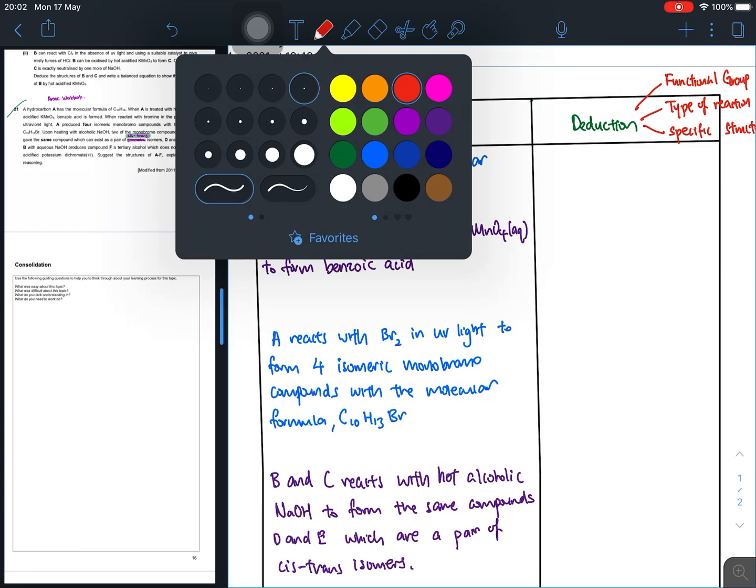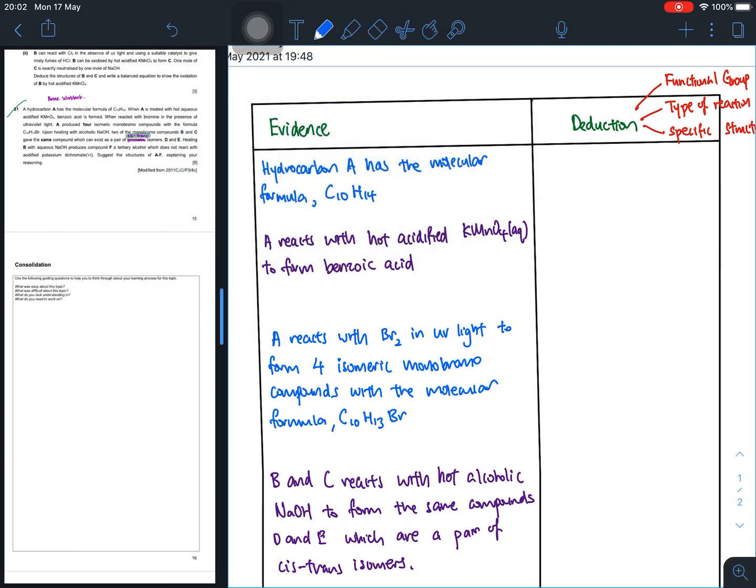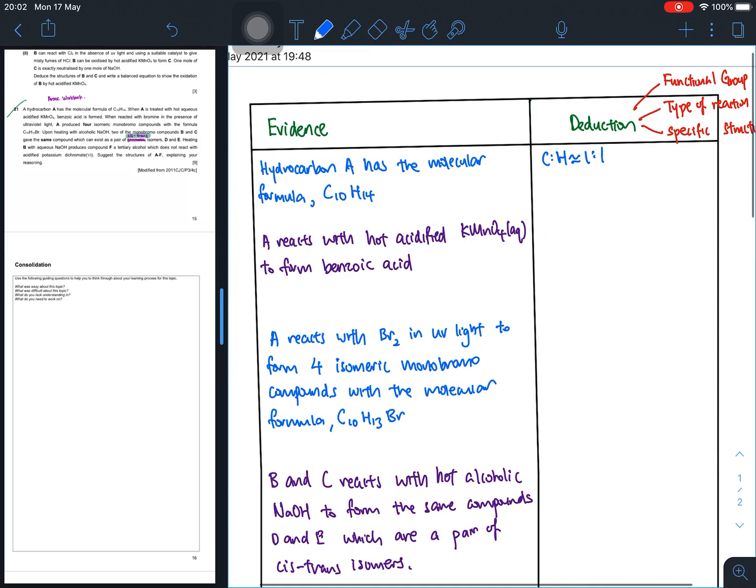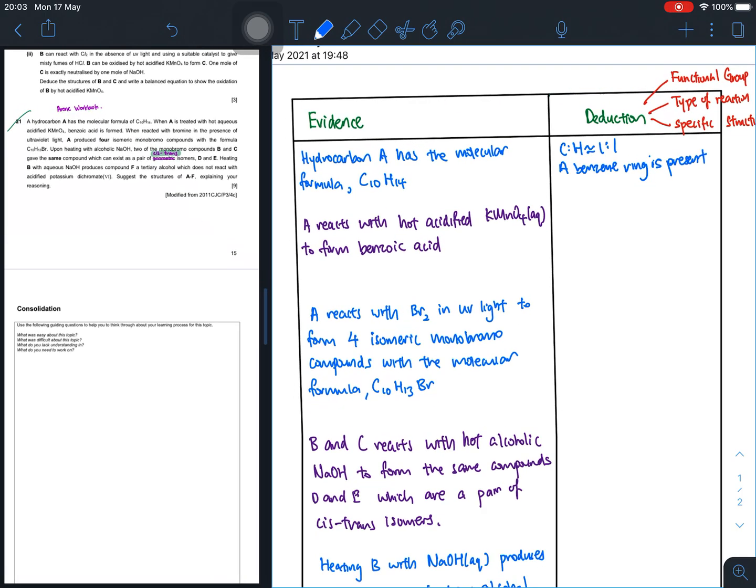Not exactly 1:1, but this would be a good hint to tell us that when this happens, it indicates that a benzene ring is present.